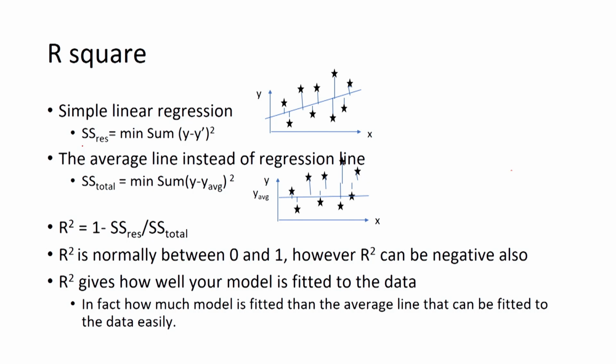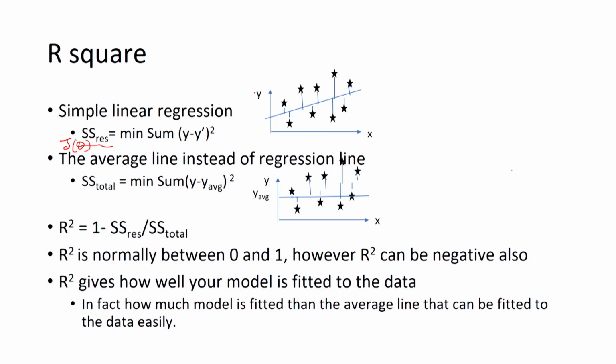This is nothing but what we have seen till now as J theta. J theta is equal to the sum of y minus y dash squared, or y minus y cap squared, whatever you take. This is the actual value of the response variable, this is the predicted value of the response variable, and we want to minimize this.